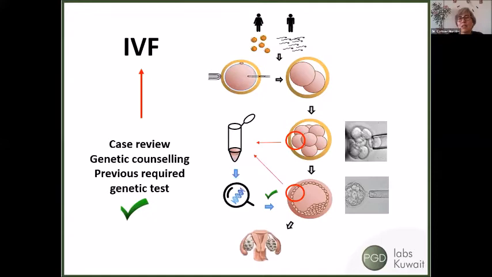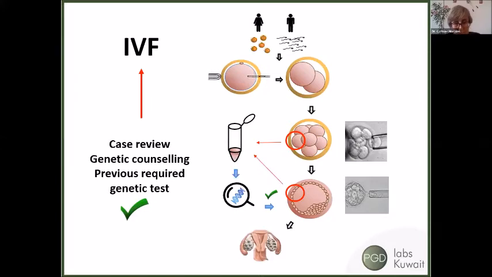We are taking this sample to the genetic laboratory, and we are testing this sample for the mutation in the family. So we can know if these embryos are free of the disease or are affected by the disease. And we are only going to transfer to the woman the embryos that we know are free from the disease.